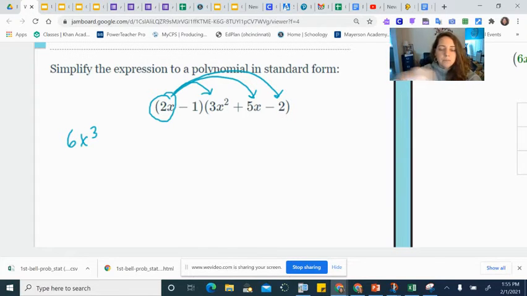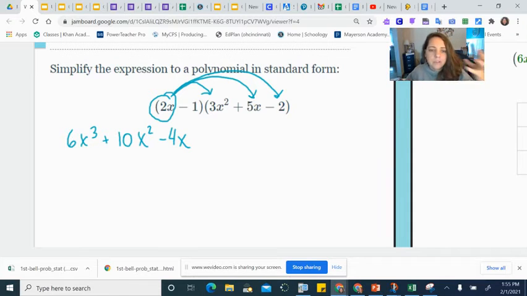Then we do 2x times the 5x. 2 times 5 is 10. They're both positive. And x times x is x squared. Notice that these exponents are changing now that we're multiplying stuff. And 2x times negative 2, well, that's going to be negative 4x.